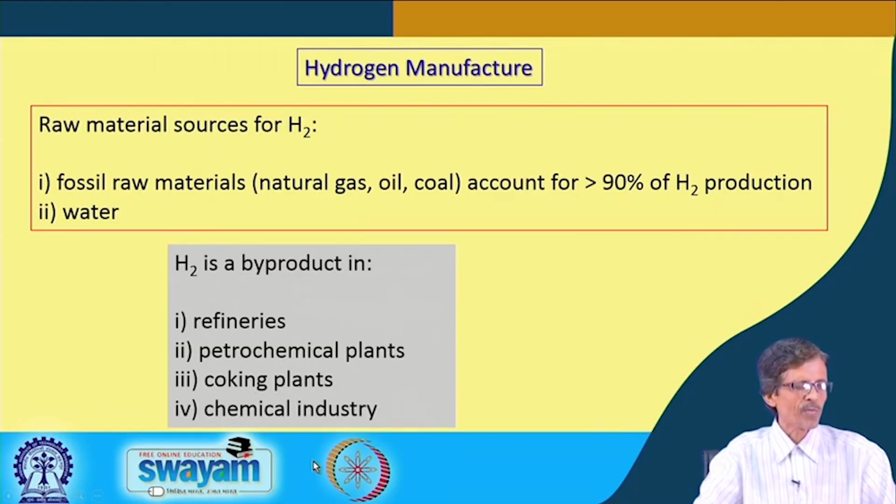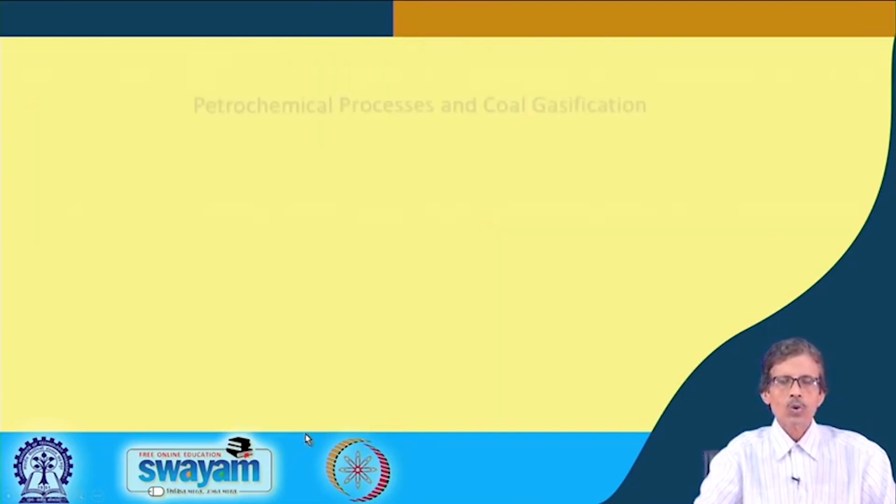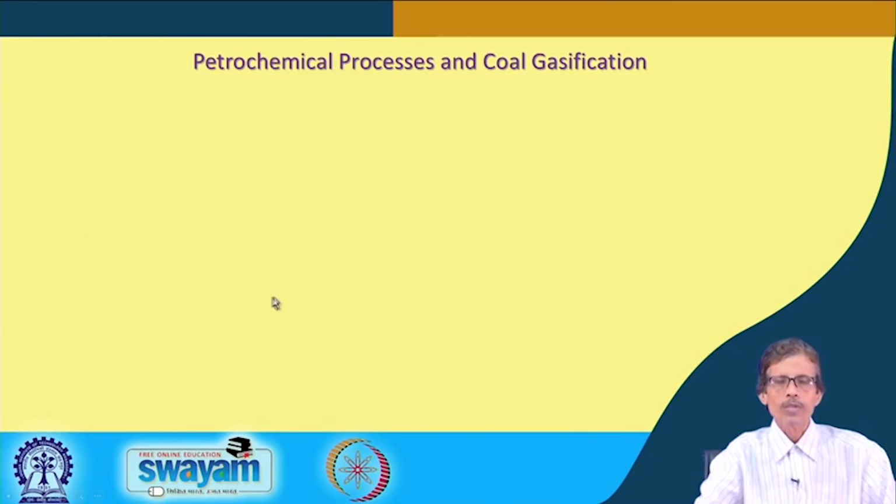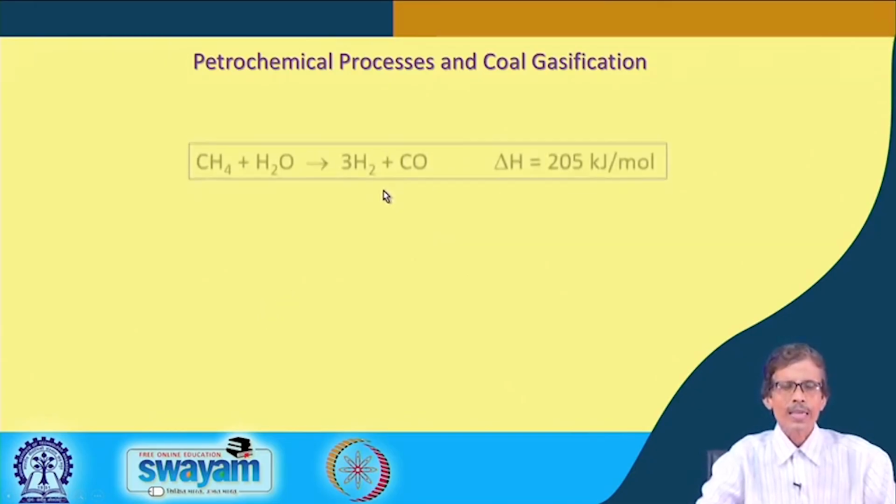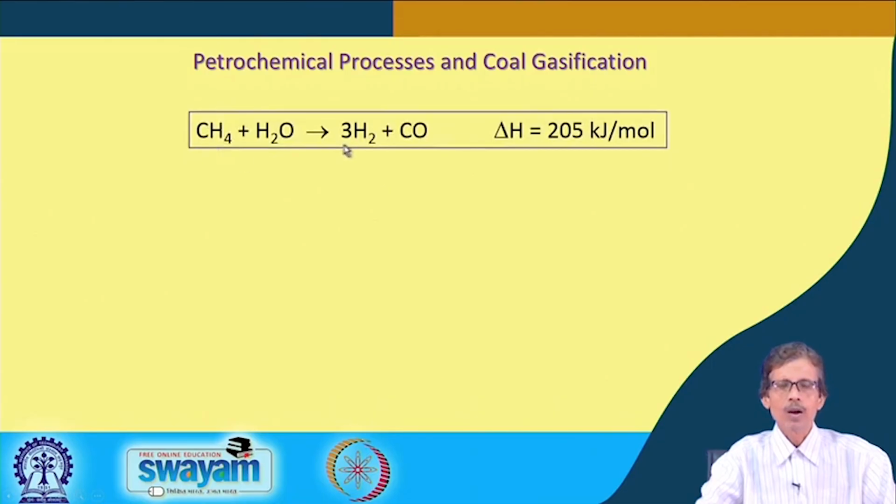Just now we have seen that sodium chloride, when electrolyzed in the presence of water, gives you sodium hydroxide, chlorine, as well as hydrogen. So, petrochemical processes and coal gasification can give us the production of hydrogen.